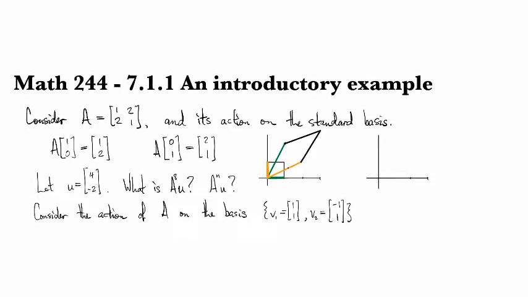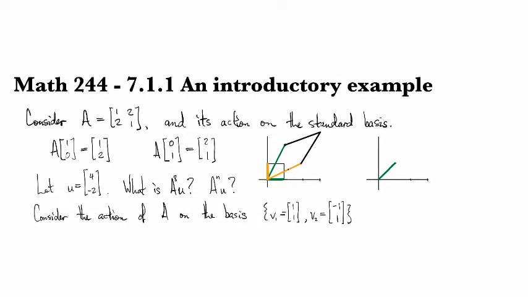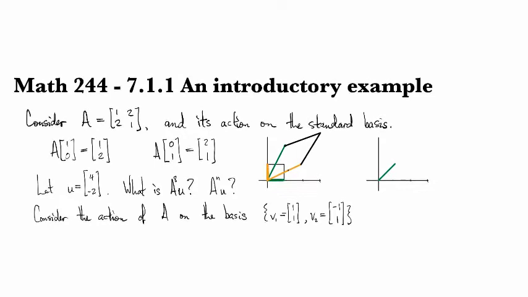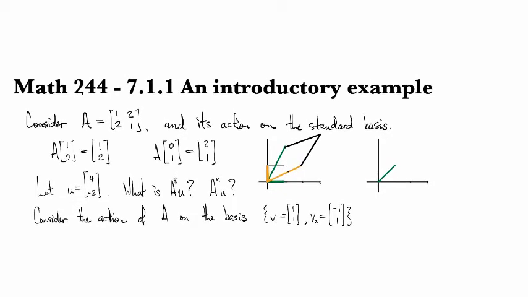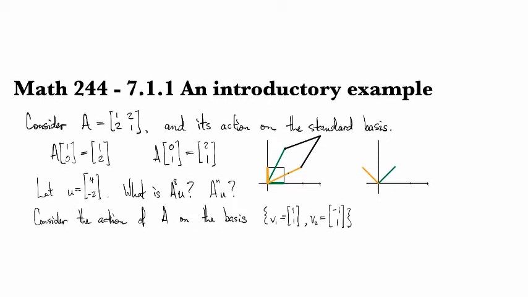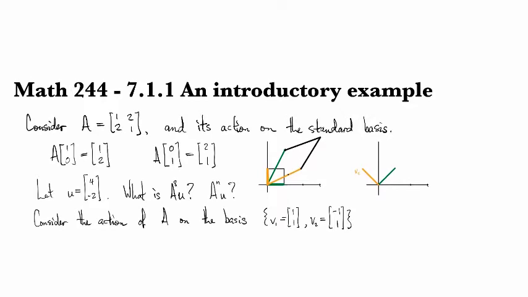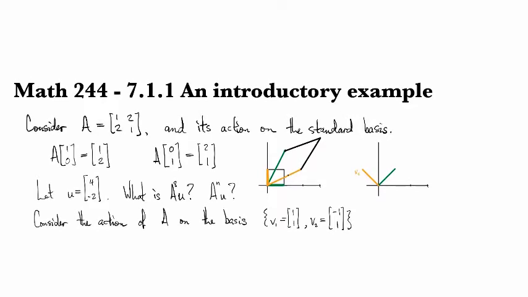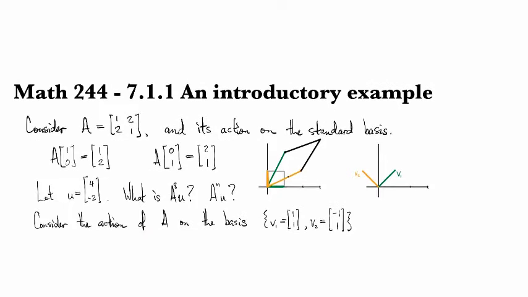What we want is this basis vector here, so that's going to be our V1, and then our V2 is going to be this one right here. Okay, so that's V2, and that's V1.